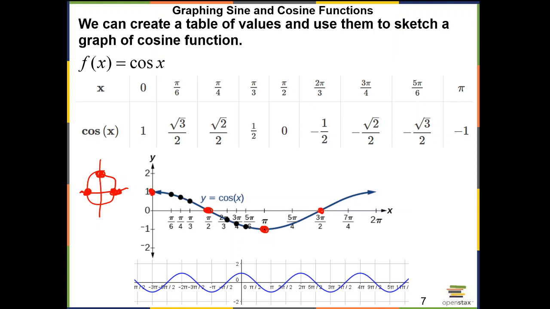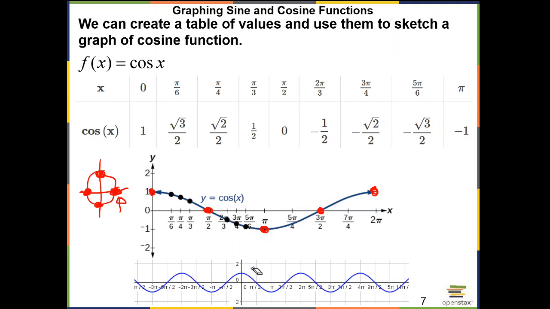And this point is when we are at 3 pi over 2. And this point is when we are back to 0 or 2 pi, the same thing. And again, the domain of cosine is all real numbers, and the range is from -1 to 1, right? And that's what cosine looks like, from -infinity to infinity.